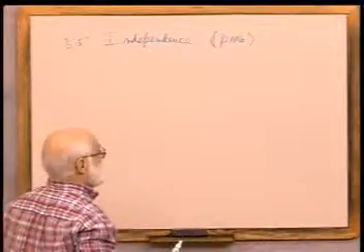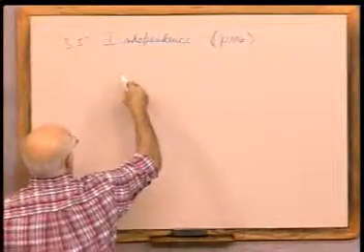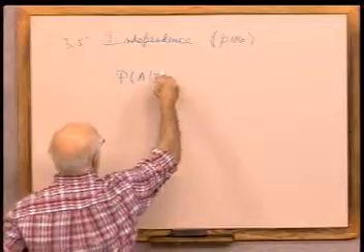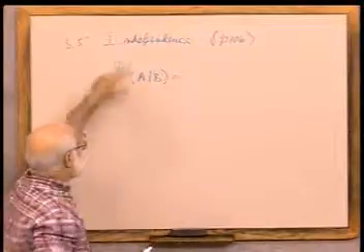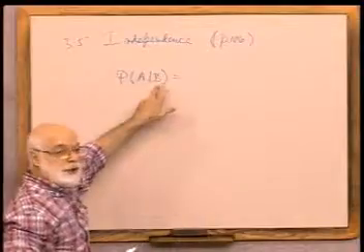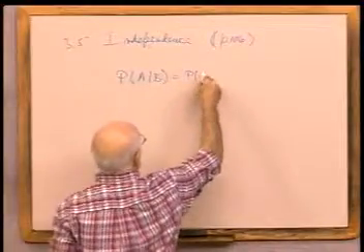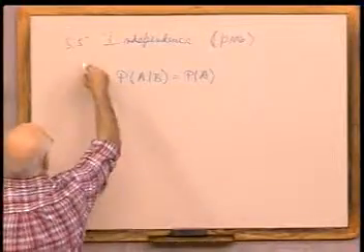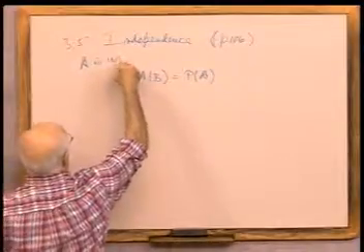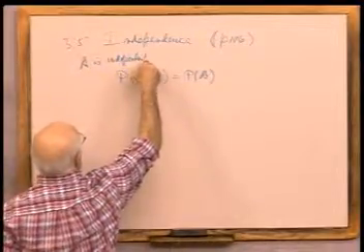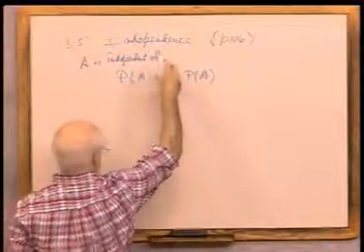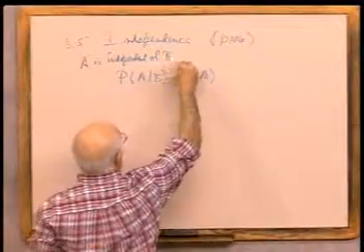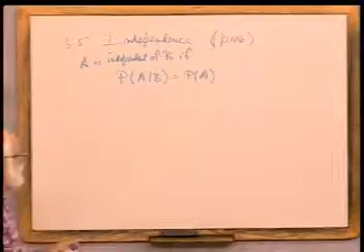And the idea is this. Suppose I calculate the probability of A given B. If it turns out that the probability of A conditioned on B is the same as the probability of A without regard to B, then we say that A is independent of B. So this makes perfect intuitive sense.